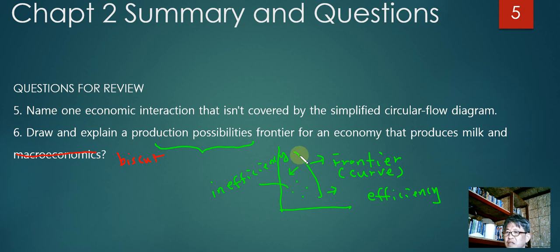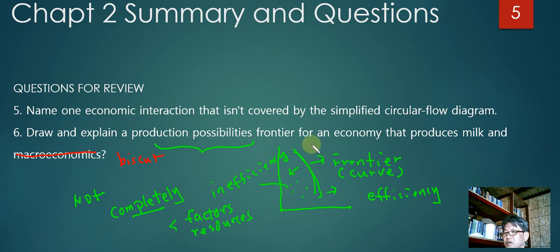Of course, they can reach up to this frontier, though they only reach within it, meaning that they do not use 100% of resources and factors for production. They do not use them completely. In this case, we call it inefficiency.